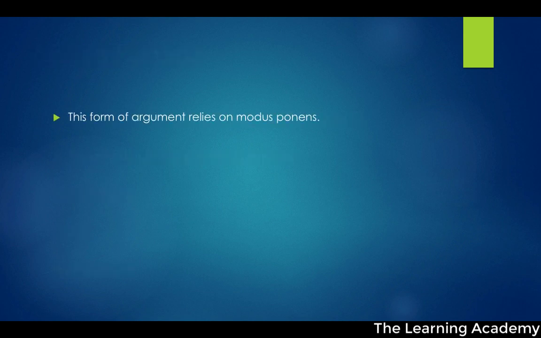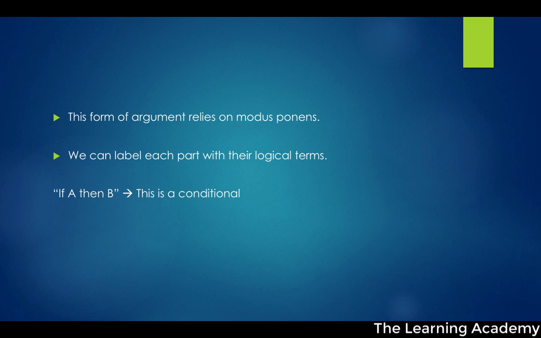And really, this form of argument relies on that modus ponens. We can label each part of the argument in their logical terms, and this is really the formula, we could say, like in maths. This is the formula for a modus ponens argument. So the phrase if A then B, this is what we call a conditional.